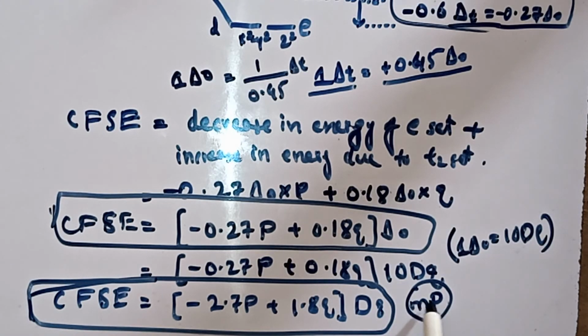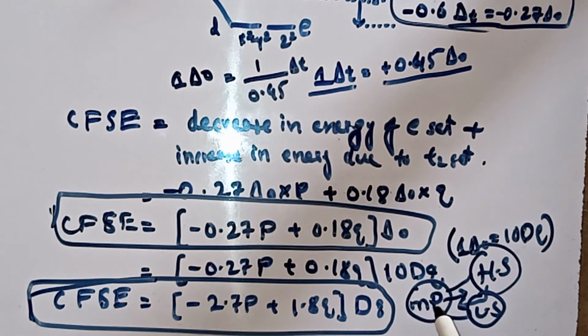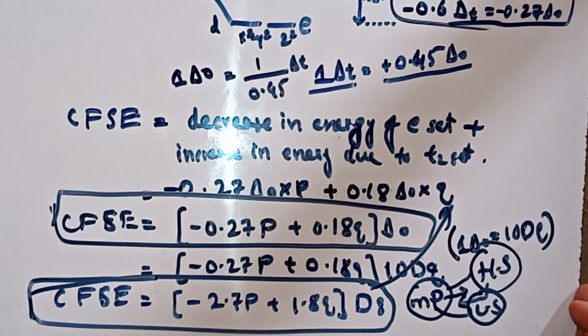Mean pairing energy is used when electrons pair against electron repulsion, but here only high spin complexes are available, not low spin complexes, while mean pairing energy is applicable for low spin complexes. So only high spin complexes are used, that's why we cannot put the mean pairing energy. Is that clear? You can also take examples using this formula, and that is today's topic. You can also take a screenshot.